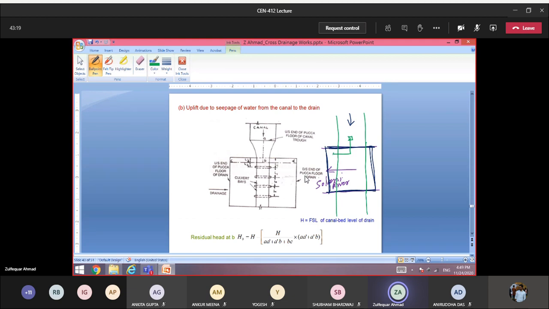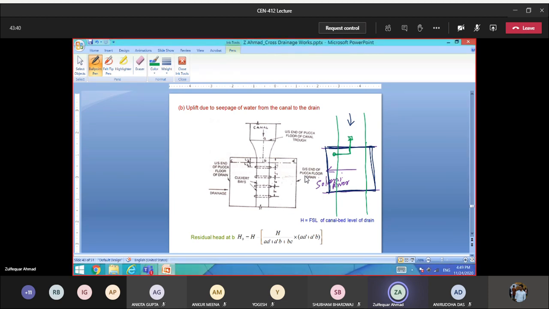So the exit point is this. What is the total length of travel? The total length of travel is from the canal bed downward to the bed of the raft of the drain, then this lateral distance, and then along the center line of the first bay.